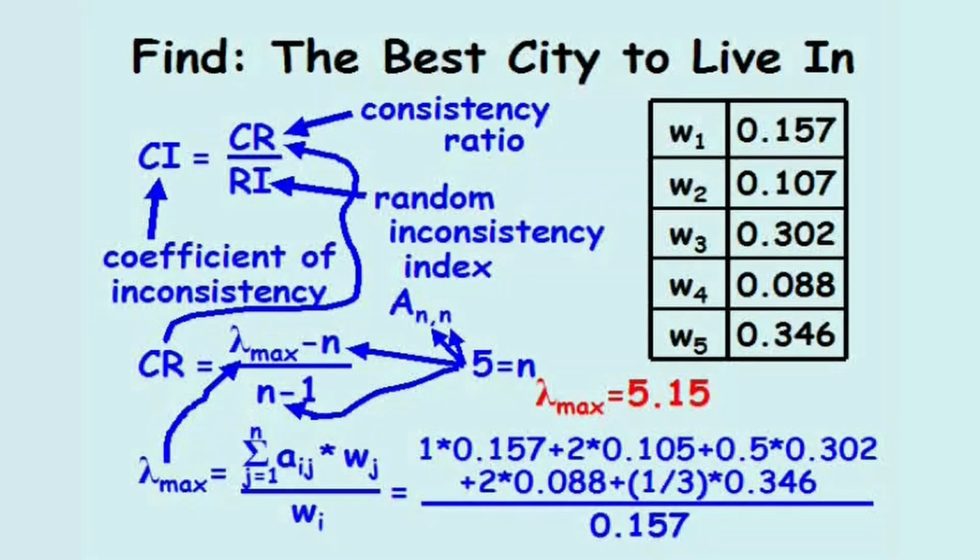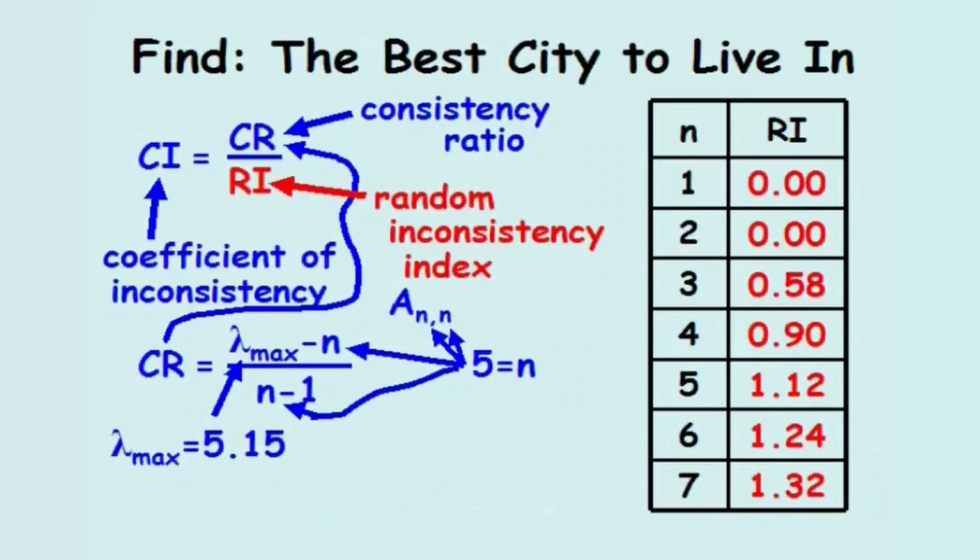If the maximum eigenvalue equaled n, which for this matrix would be 5, then matrix A would be perfectly consistent. The random inconsistency index, Ri, is based on the size of matrix A and equals the average consistency ratio for randomly generated reciprocal matrices of various sizes. Since n equals 5, the random inconsistency index equals 1.12.